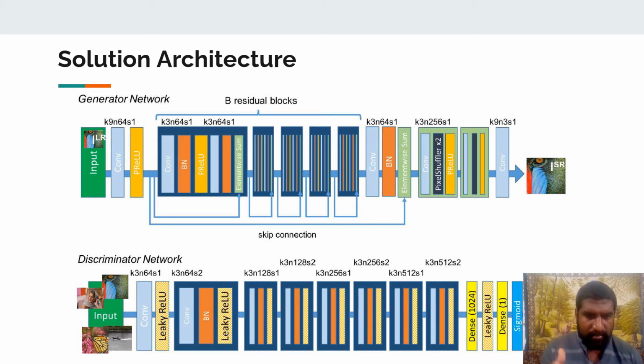And the discriminator network is also not much different from a VGG architecture. They have made minor tweaks: they have introduced a leaky ReLU activation, and they have used strided convolution instead of the max pooling which is usually there in VGG neural networks.